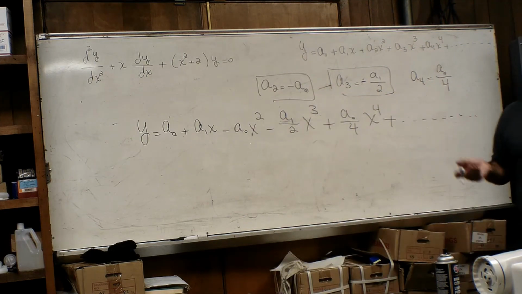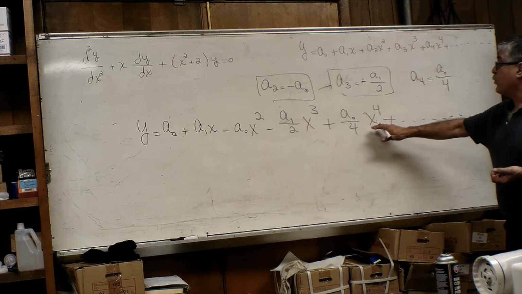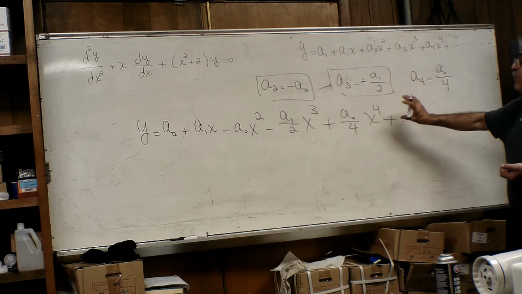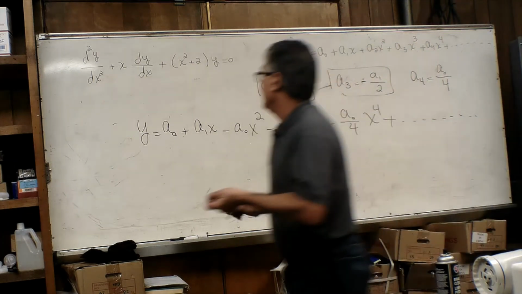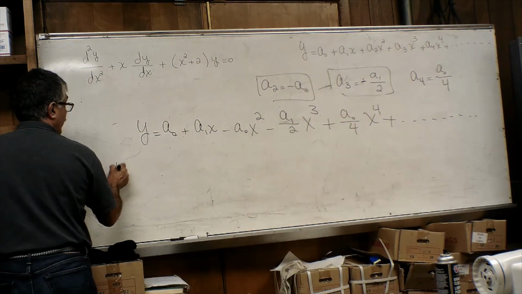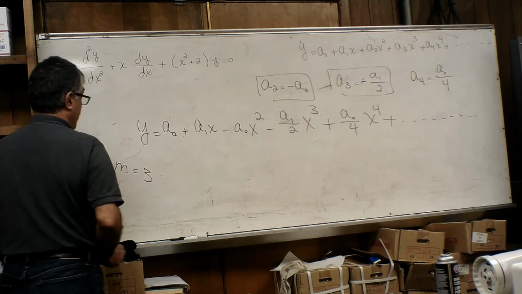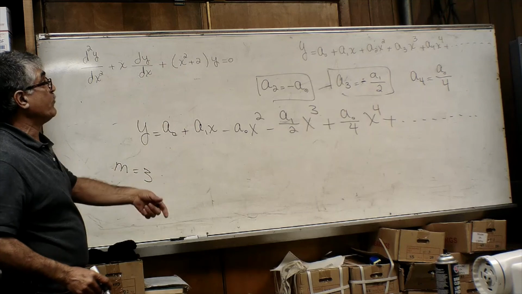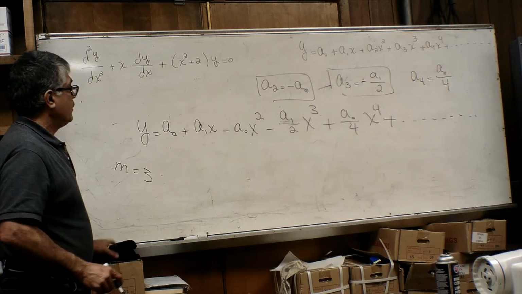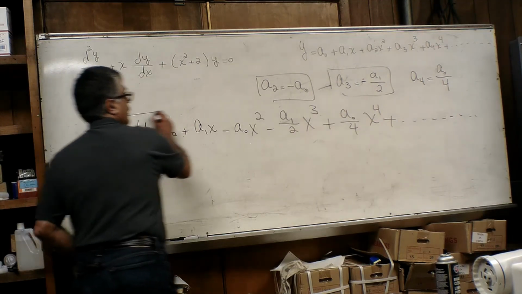In a problem they might ask you to find up to the 5th power of x. If they ask you that, then we have to go for another value of m, plug it into that formula, and find the coefficient for a5. So this is the answer.